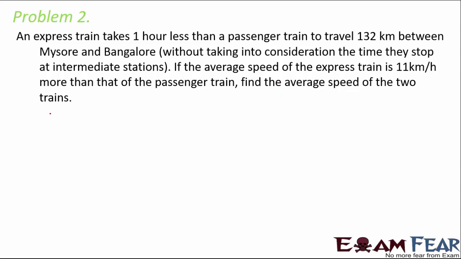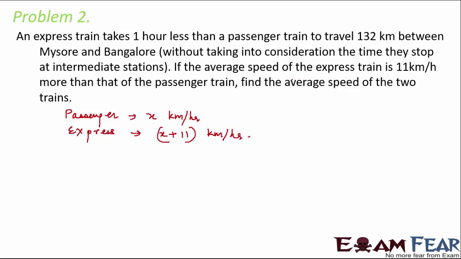Okay, so let us say that the average speed of the passenger train is x kilometer per hour and the average speed of the express train is equal to x plus 11 kilometer per hour, because it says that the average speed of express train is 11 kilometer per hour more than that of the passenger train, right?